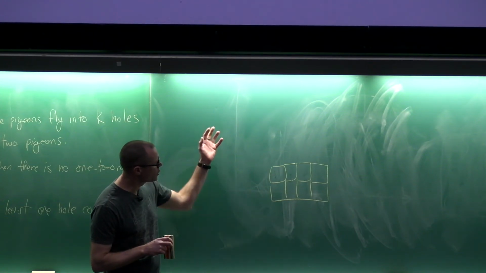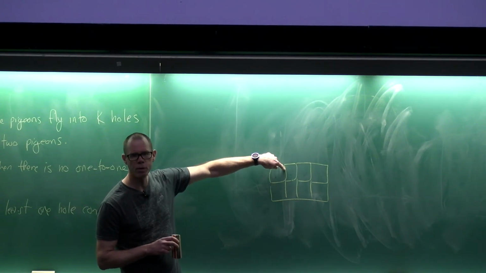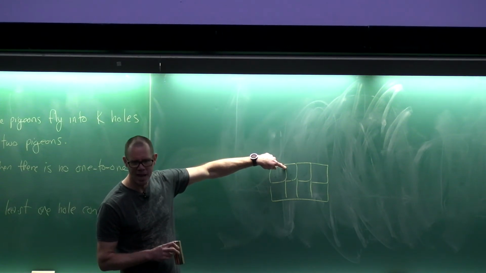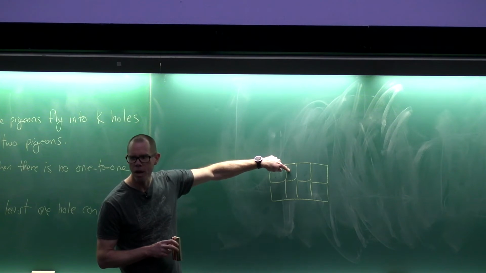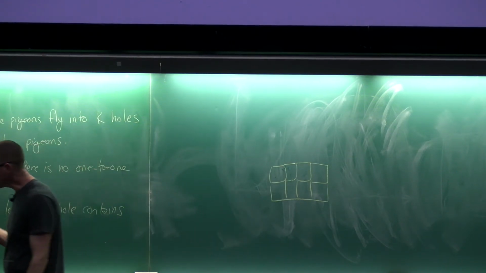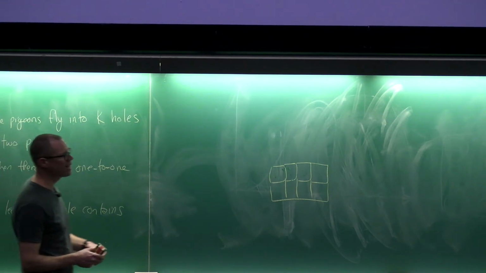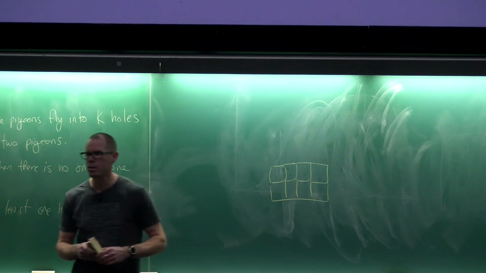Or you take 9 pigeons and they all fly into one hole, in which case it's still true: you have at least one hole that has at least 2 pigeons, because the hole with 9 pigeons has at least 2 in it. But you can't say there is a hole that contains exactly 2 pigeons. That's not necessarily true.